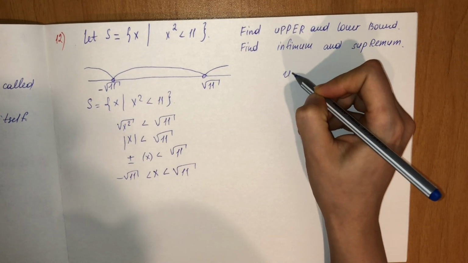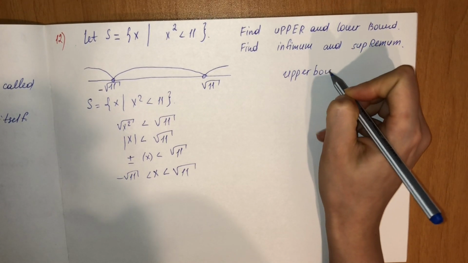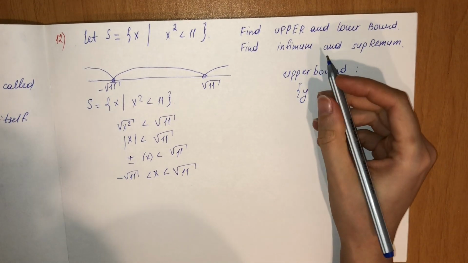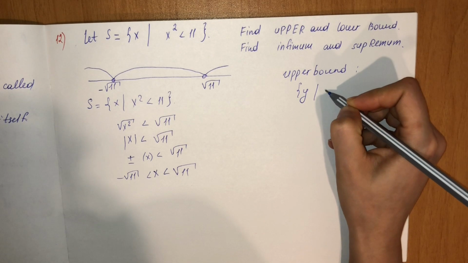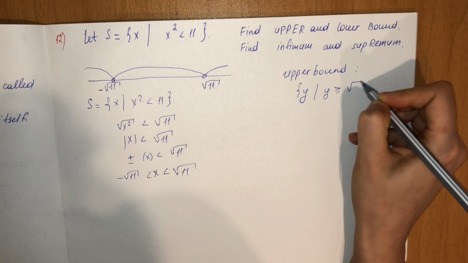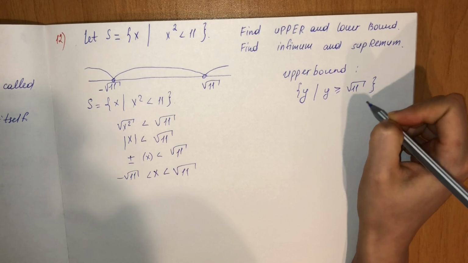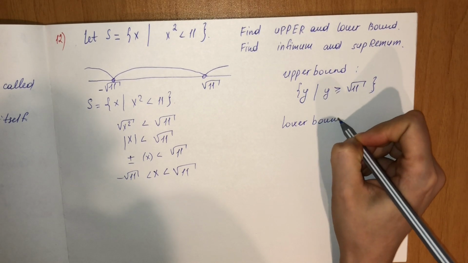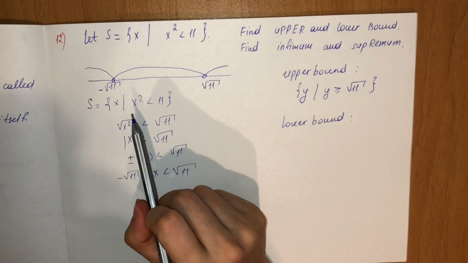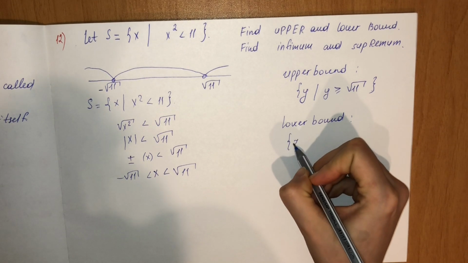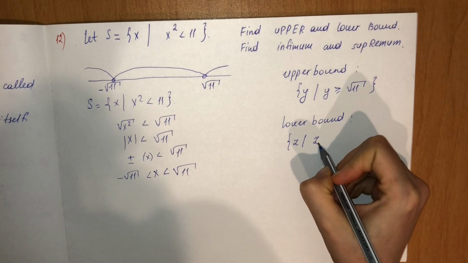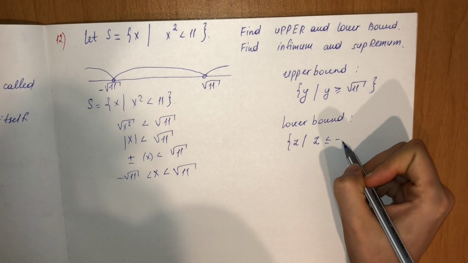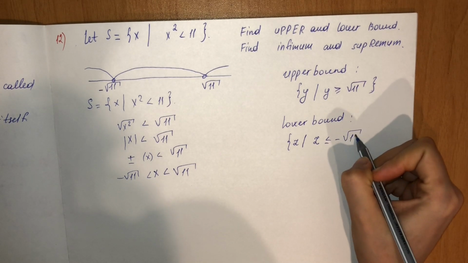So the upper bound is the set which consists of elements y such that y is greater than the square root of 11, and the lower bound consists of elements z such that z is less than or equal to minus the square root of 11.